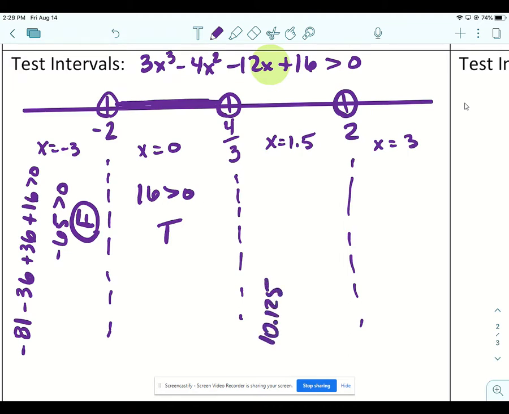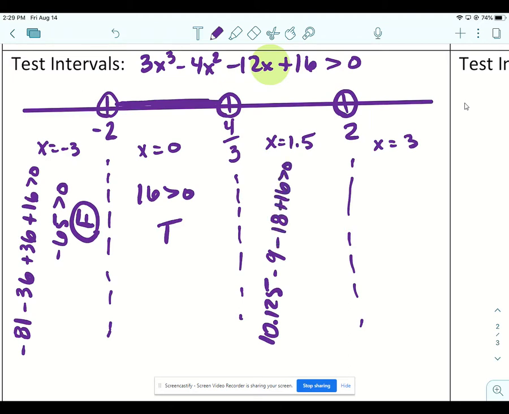Then when you square 1.5, you get 2.25. And when you multiply that by 4, you get minus 9. And then negative 12 times 1.5 is going to be minus 18, plus 16 is greater than 0.